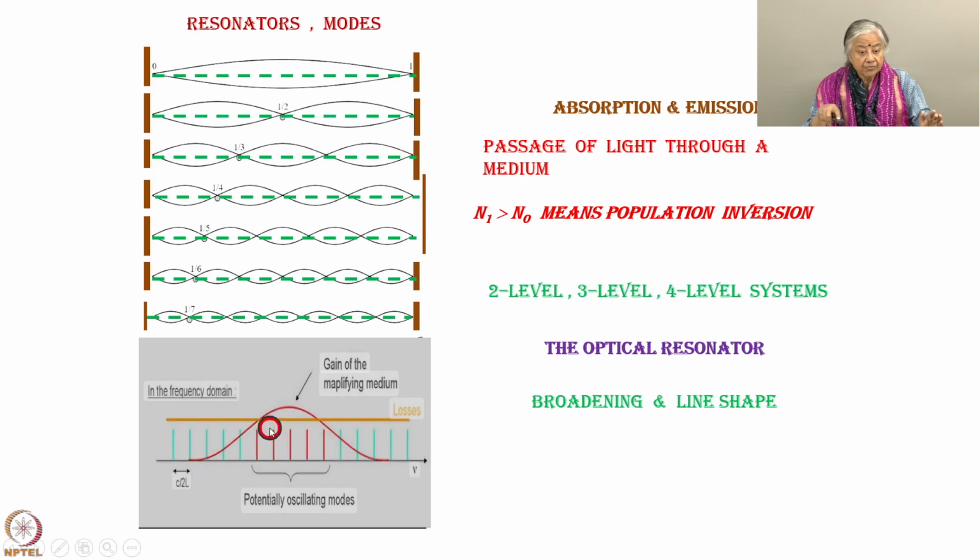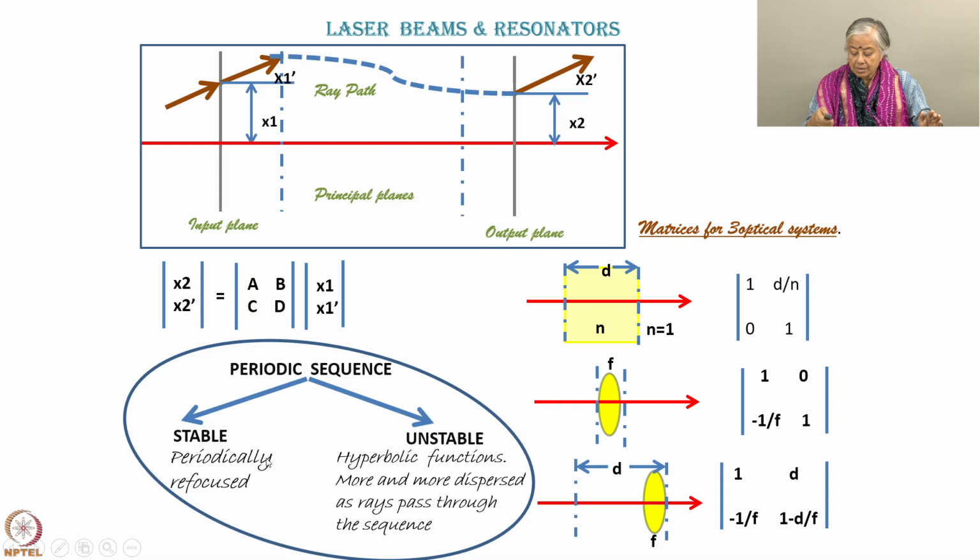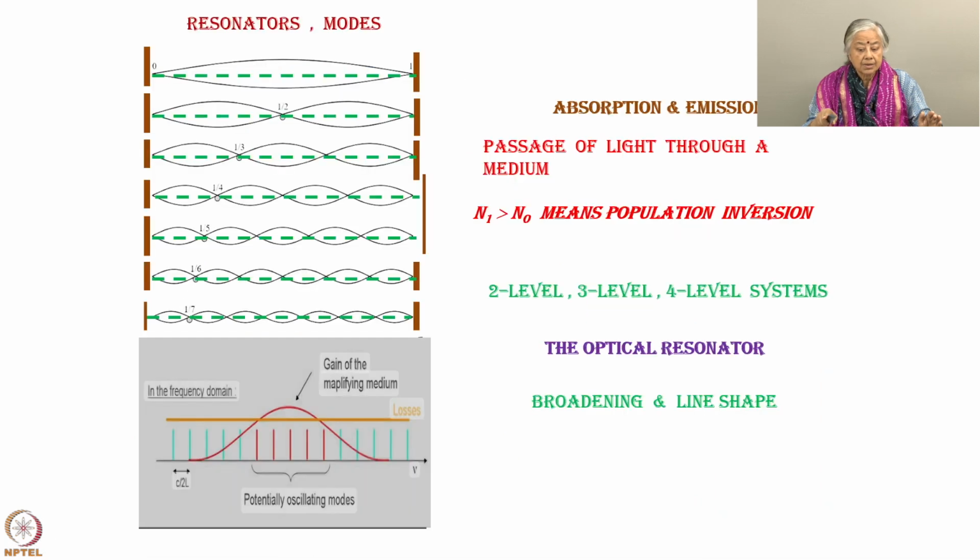This mode is separated from this mode by an equal frequency, but they are increasing, say, in this direction, okay. This one is slightly lower than this, and so it goes on. This way you have an increasing frequency.